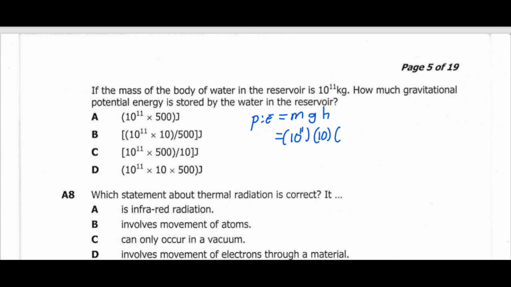Make sure that as you are finding this, the height must be in meters and the mass must be in kg. So we will say 10 raised to the power 11 times 10 times 500, and we know that the units for potential energy are joules. We are looking for an answer like this. So the answer here is just D.